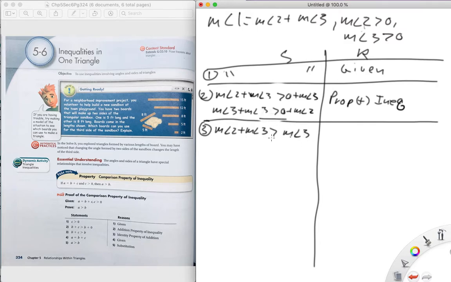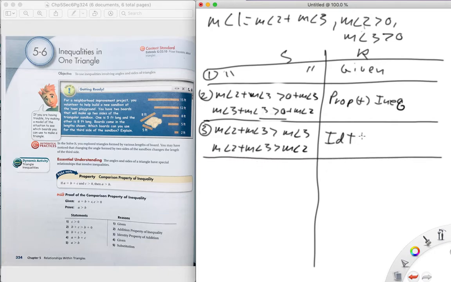I could say the measure of angle 2 plus the measure of angle 3 is greater than the measure of angle 2. Identity property of addition.